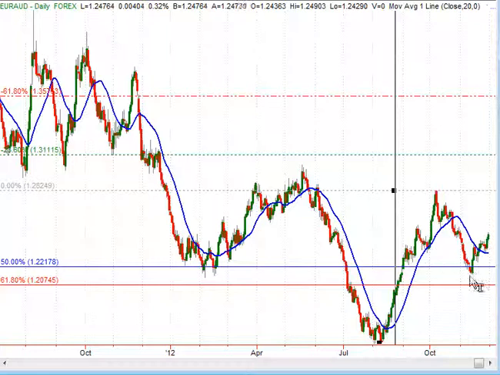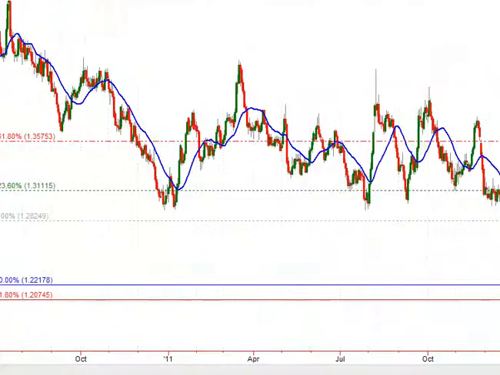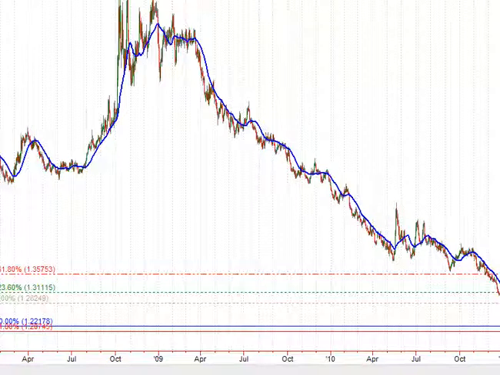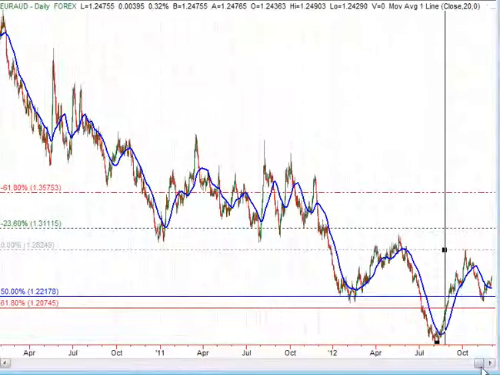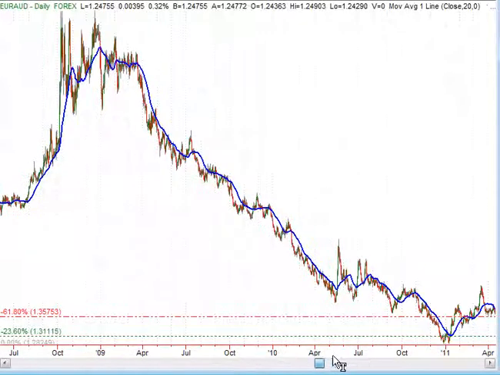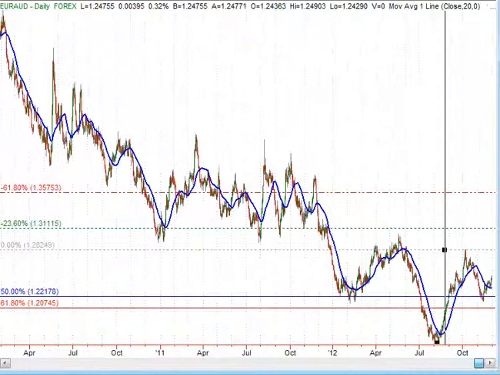So if this long setup completes on the daily, then we will have the violation of that level we indicated, and so we have the potential to move into the 168 area.